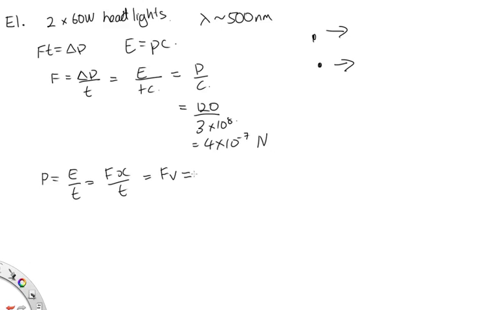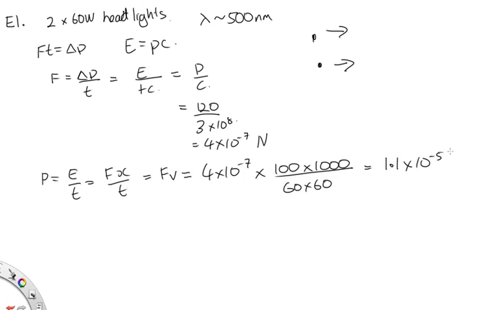So now all we need to do is substitute in. Our force is this force here, 4 times 10 to the minus 7. The speed is 100 kilometers per hour. So to get that into meters per second, we times by 1,000 and divide by 60 times 60. And so this gives us 1.1 times 10 to the minus 5 watts, a tiny amount of power.